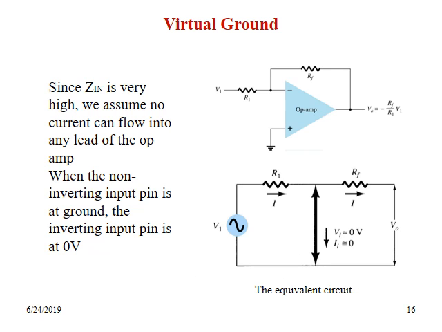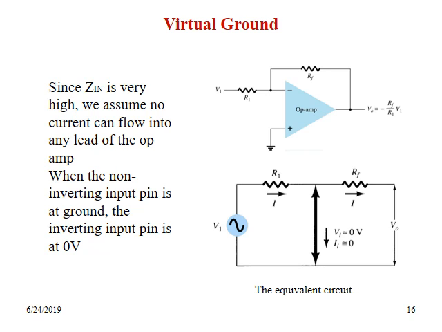Now, the most important concept in op-amp analysis is virtual ground. Since the input impedance of the op-amp is very high, we can assume that there is no current going inside the op-amp, that is, into any lead of the operational amplifier. So from pin number 2 or pin number 3, no current enters the op-amp. When the non-inverting pin is at ground, the inverting pin is considered to be at 0 volts.